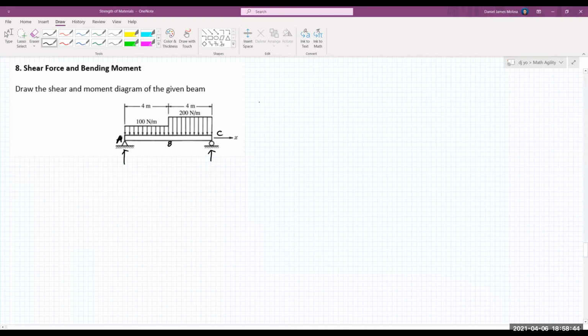So to solve for the reaction at C, let's take summation of moments at A. It should be equal to zero since it's in equilibrium. Let's have counterclockwise moment as positive. So the reaction at C will have a positive moment, times 8 as its lever arm. And then minus the resultant of the moment induced by the two distributed loads.